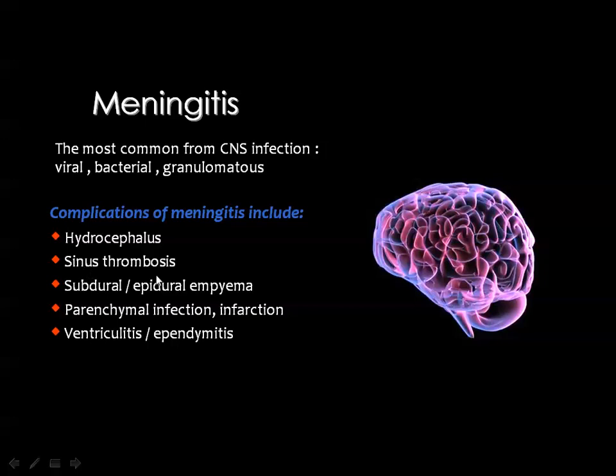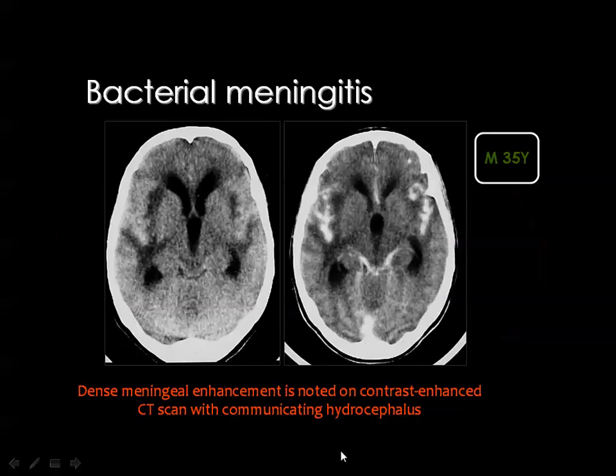It may cause dural sinus thrombosis, may result in subdural or epidural empyema, may extend into the brain parenchyma, leading to abscesses and infarctions, and may reach the ventricle, with inflammation of the ventricle resulting in ventriculitis, or what's known as ependymitis. Then for the diagnosis of meningitis of whatever etiology, you should inject the contrast media.